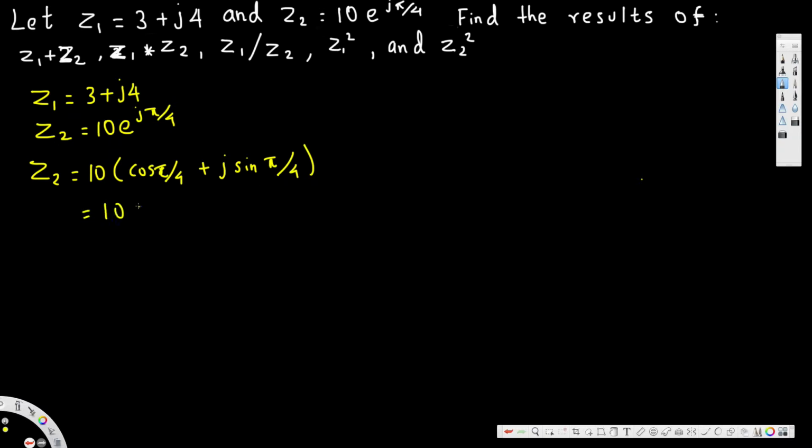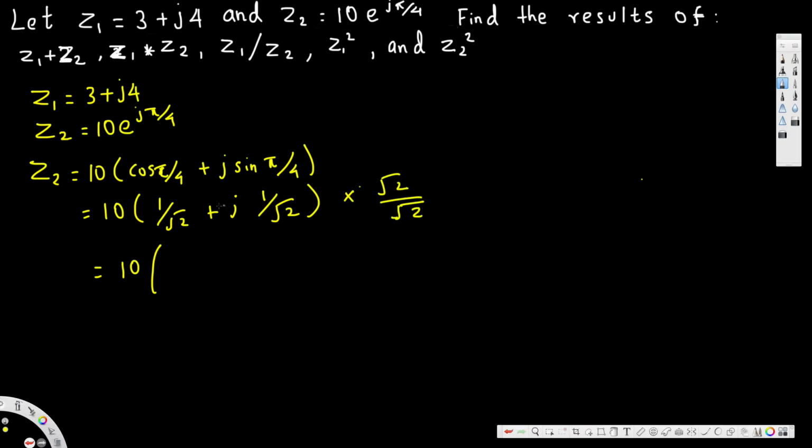Now 10 cos 5 over 4 is 1 over root 2 plus j sine 5 over 4 also 1 over root 2. Now to make it simplified, what we can do is multiply the top and bottom by root 2, like multiply everything by root 2 by root 2. In that way we simplify everything.